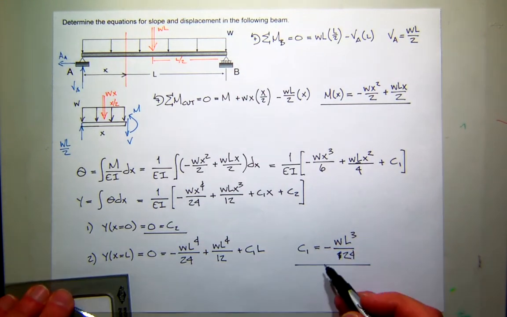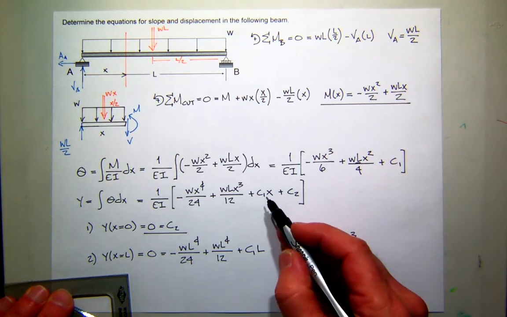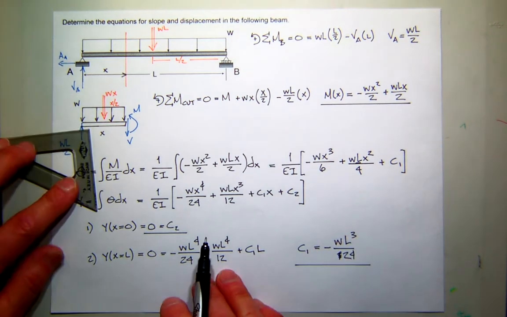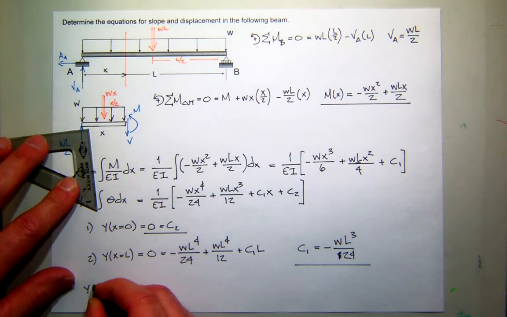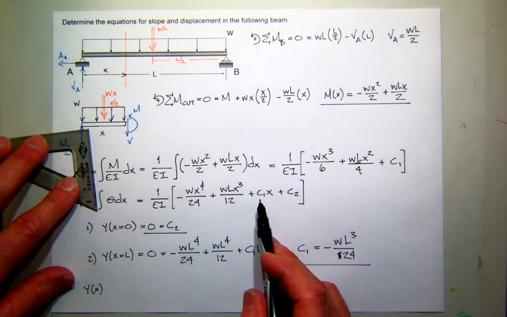So you can see that C1 is going to go back and affect your calculation for slope and also your calculation for displacement. So I'll just stick it back in the displacement equation. So what do we got? I put this back in here for C1.